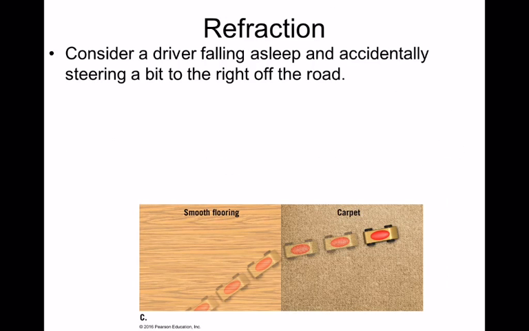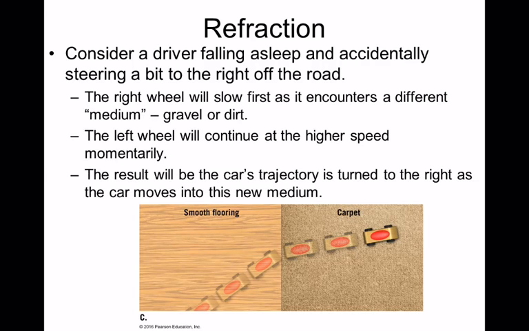So if it travels more slowly, we can think of it with this sort of analogy. You guys would probably tell me, and we'll be talking more about that in chapter 6, that on something slick, there's no friction, so it's probably moving faster. So what happens when it goes from something slick to something bumpy is it's going to slow down, just like light going from air to water will slow down.